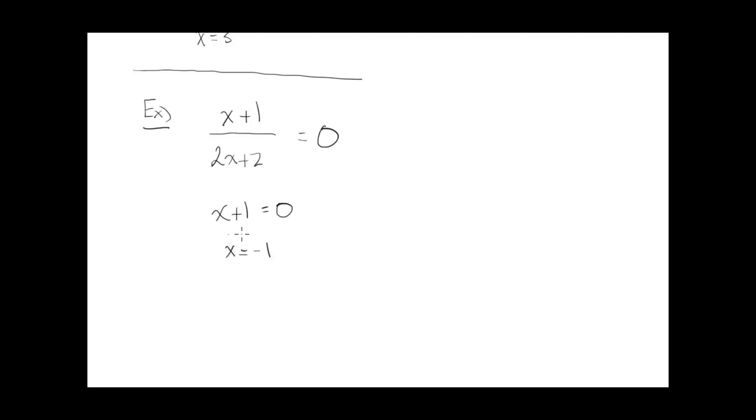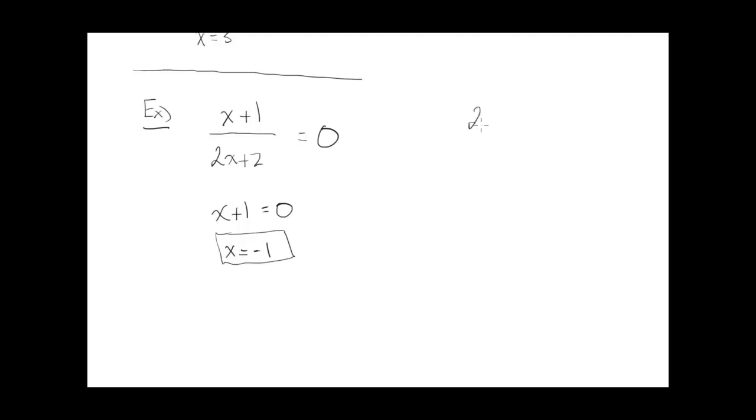This idea of stating the restrictions is important, because you could have something like this. Let's say you blindly ignored the restriction and just said, okay, I'll take the numerator and set it equal to 0, or multiply both sides by 2x plus 2, and then I would get x equals negative 1. The problem is this is not actually a solution to this equation, because x equals negative 1 is a restriction.